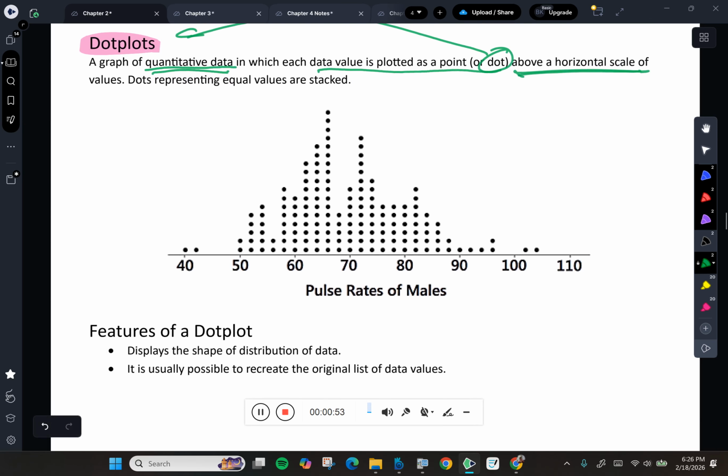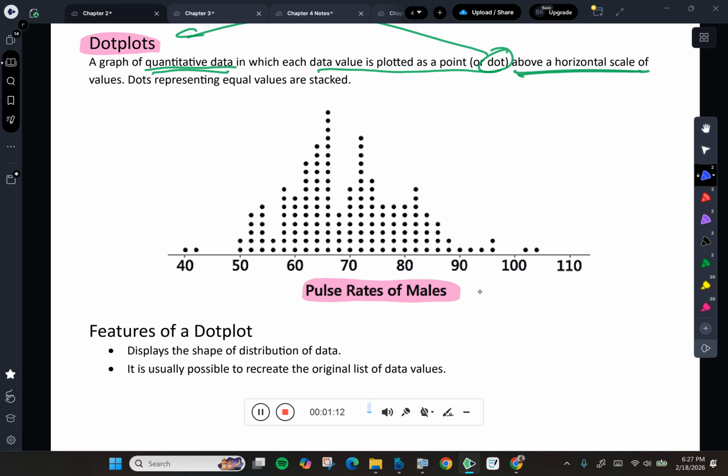So here I've got a dot plot for us. This dot plot represents the pulse rate of a bunch of male subjects. When I look at this, I'm supposed to read it by saying that those are the 40s, 50s, 60s, 70s, 80s, 90s, 100, 110s.